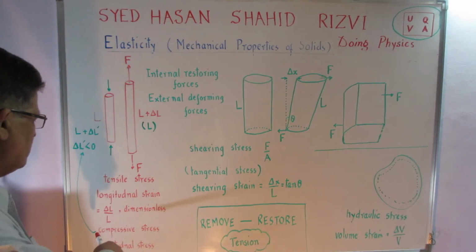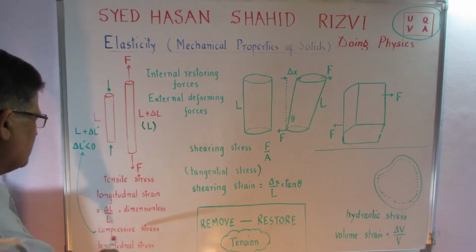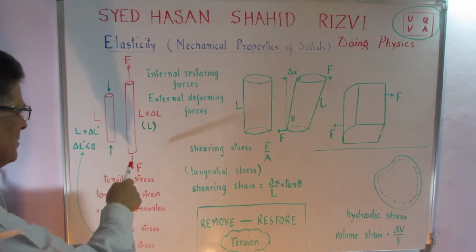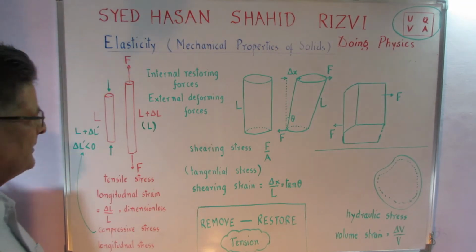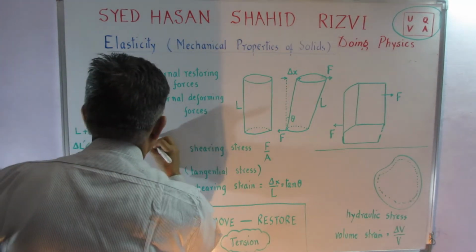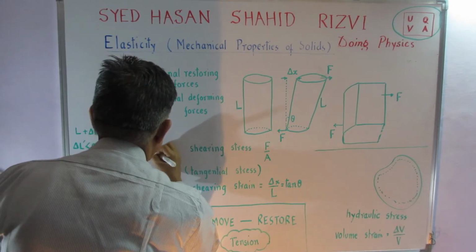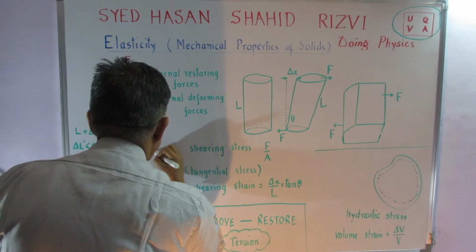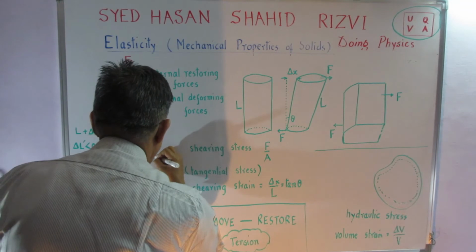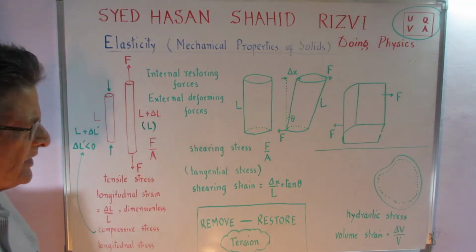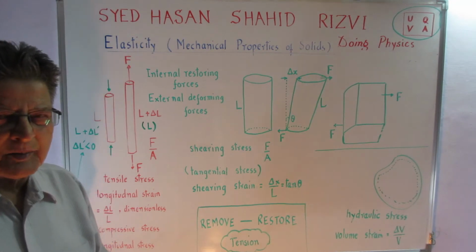So this longitudinal stress is called tensile stress. Okay, so the same like that, F divided by the area which we consider, because the deformation in the length has been such that almost we can say that the area of cross section remains the same.